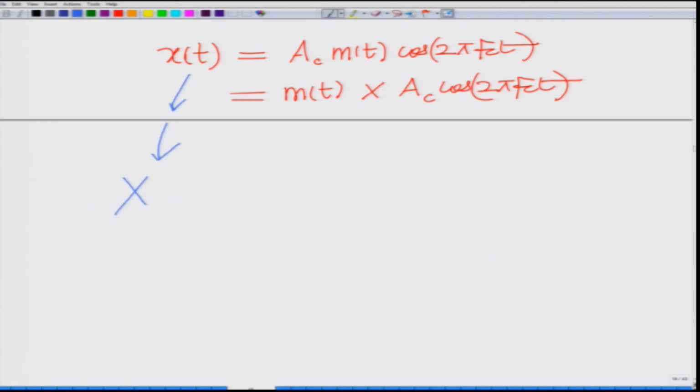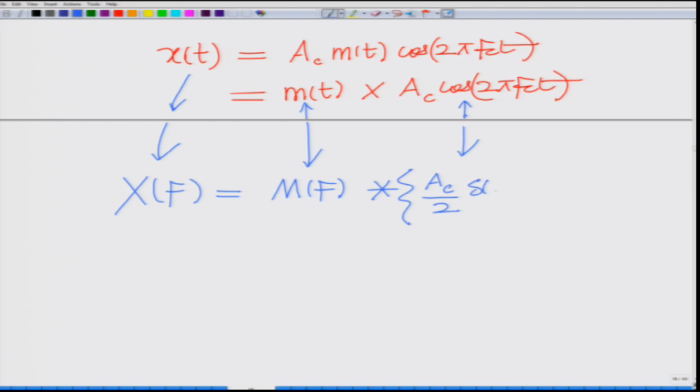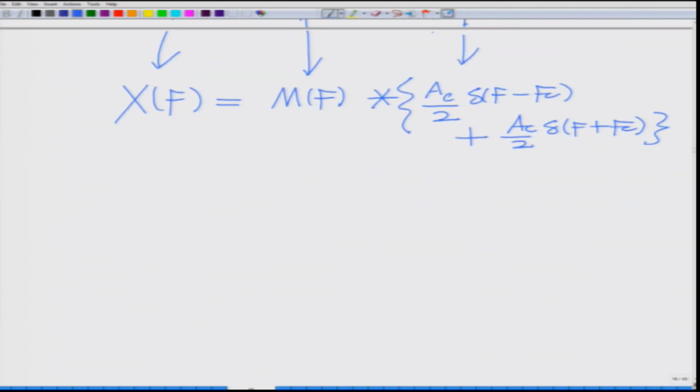Therefore, X(f) is equal to M(f), the message spectrum, convolved with the spectrum of A_c cosine 2 pi f_c t, which is A_c by 2 delta(f minus f_c), that is an impulse scaled by A_c by 2 and shifted to f_c in the frequency domain, plus A_c by 2 delta(f plus f_c), that is an impulse shifted to minus f_c and scaled by A_c by 2.